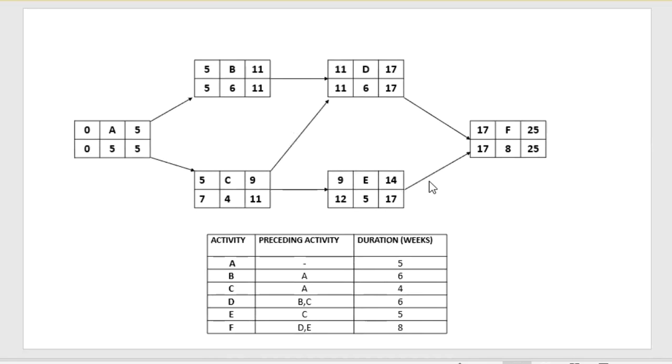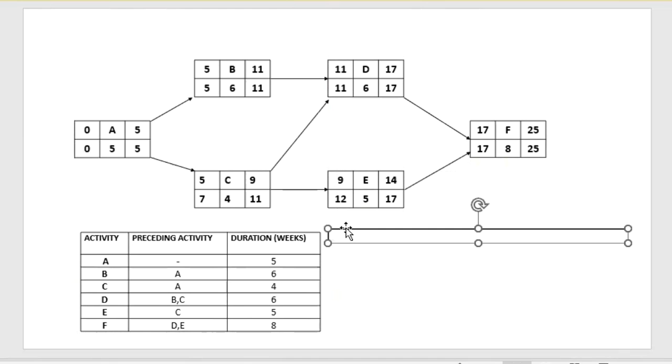The first thing you can do is look for the longest path on the project. So in this case, you have path A, B, D, F, and another path A, C, D, F, and then another one A, C, E, F. Now, all right, so let's see if we can put that down using this easy method.